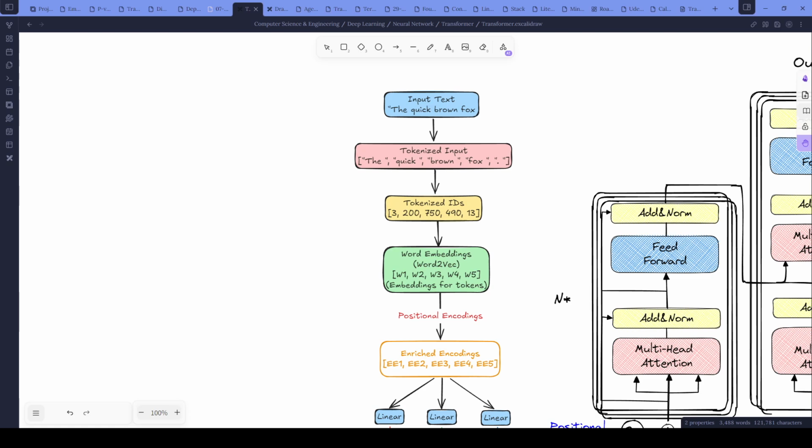There are many different methods to tokenize input text. One of them is byte pair encoding. In byte pair encoding, words are chunked at an even more granular level.